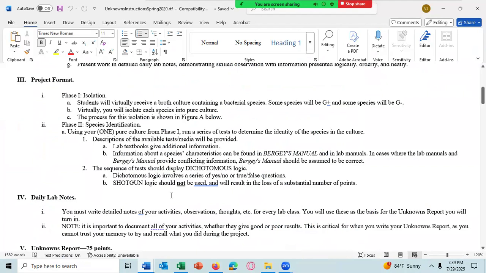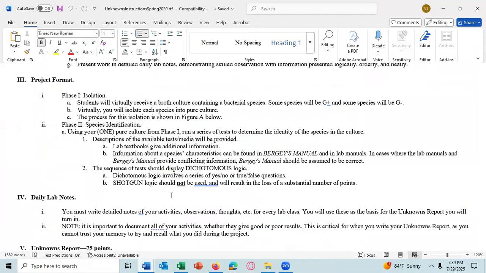So those are how you can write up the daily lab notes in your unknown notes. You can be formal or you can be informal. If you're formal, you can just copy those and stick it into the lab report. You can also write everything in the document, where when you submit a document, the last document will have everything.